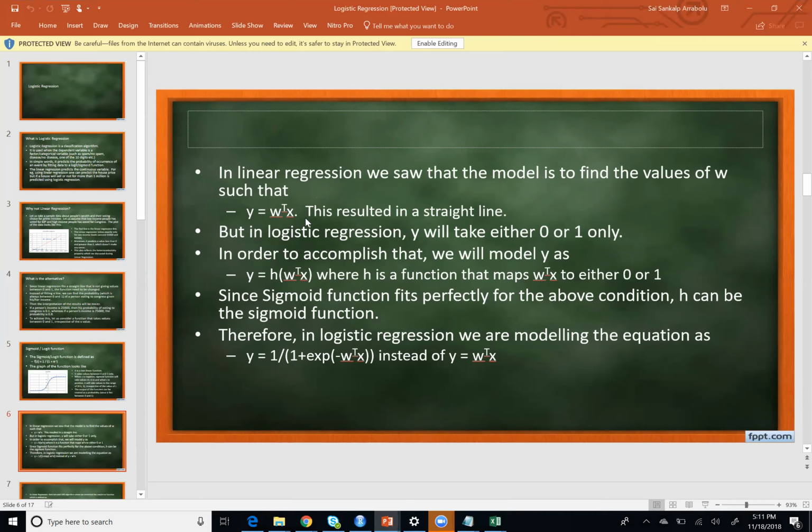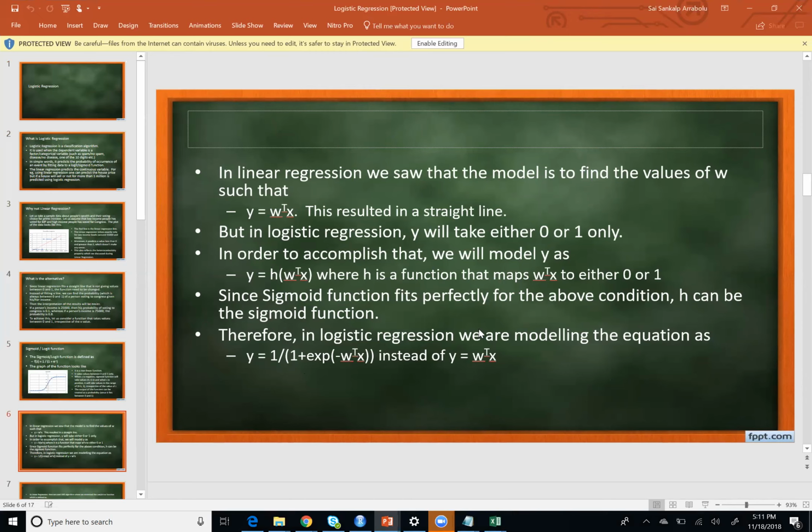So in order to do that, we take the output and put it in a sigmoid. This H here is a sigmoid function. We still predict the linear value, but we put it in a sigmoid function. So the output now becomes Y equals the sigmoid function, 1 divided by 1 plus e to the power of minus W transpose X.